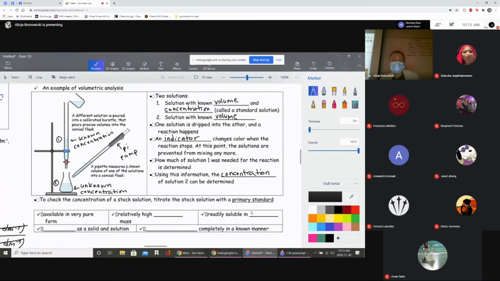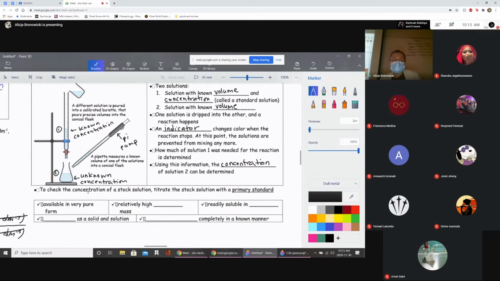The pipette measures a known volume of one of the solutions into a conical flask. So this is your stock solution.